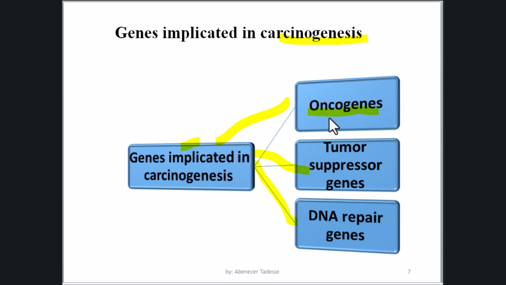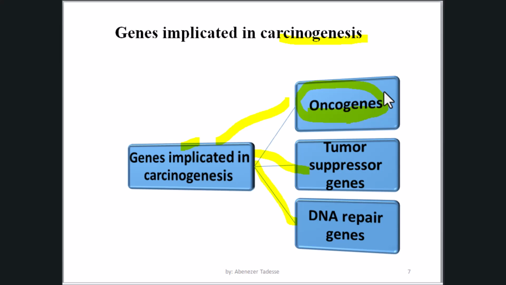Firstly, you should know about proto-oncogenes. Proto-oncogenes normally regulate the cell transition from one phase to another. They can stimulate cell proliferation normally if there is a signal within the cell. That means growth factor signals can trigger the proto-oncogenes.